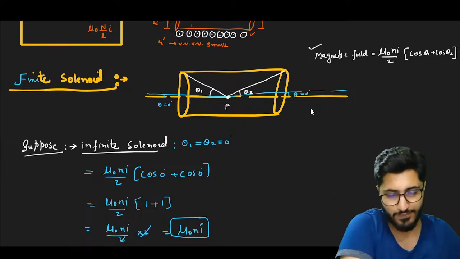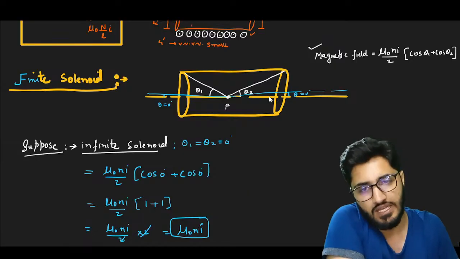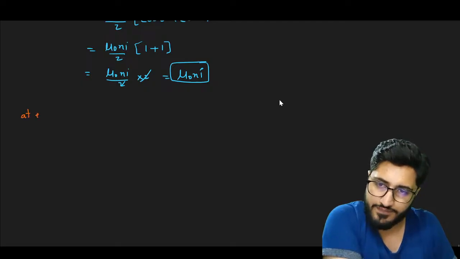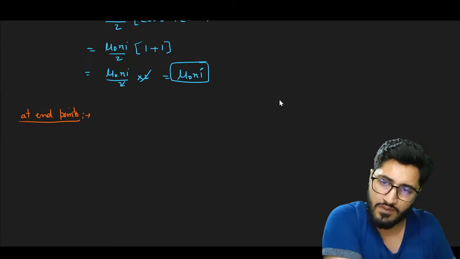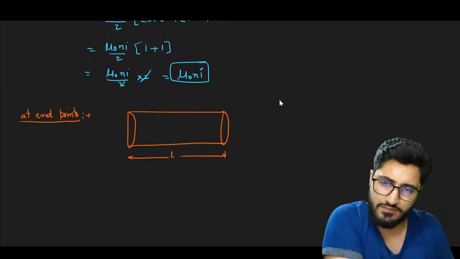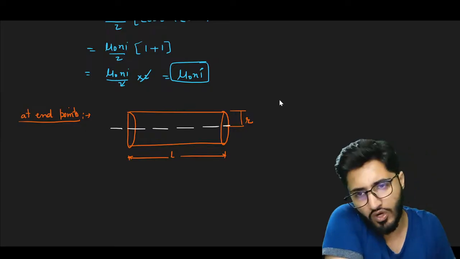But let us suppose we need to discuss the endpoints. If we take this point here, P, how do we find the magnetic field at endpoints? My solenoid, let us suppose length is L, radius is R. We are talking about this particular point.